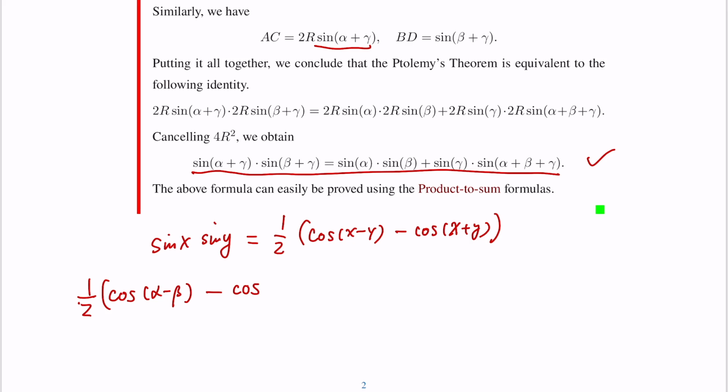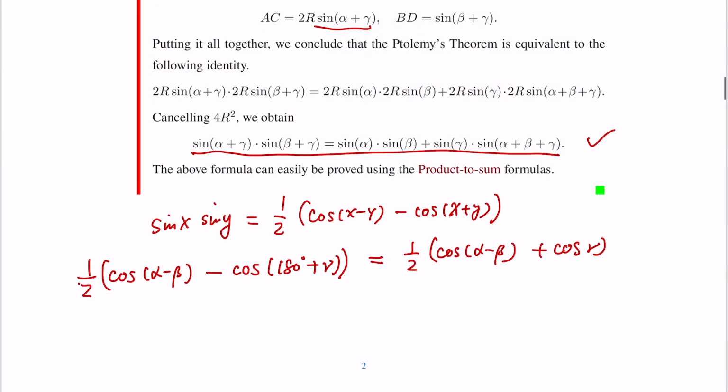The summation is alpha plus beta plus 2 gamma. But alpha plus beta plus gamma is already 180 degrees, so we can simplify it. It's half of cosine of alpha minus beta plus cosine gamma.